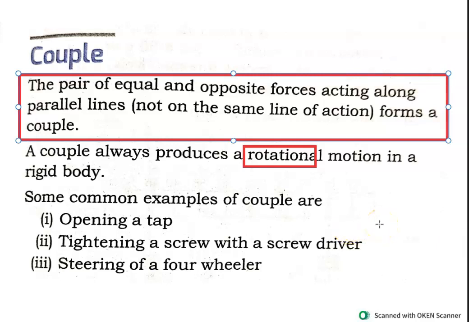Some common examples of couple are opening a tap. Think you are opening a tap. When you're opening the tap, you are using two forces. One force on the finger, other force on the thumb, and both the forces are equal and opposite. Tightening a screw with a screwdriver or steering the steering wheel of a four-wheeler.